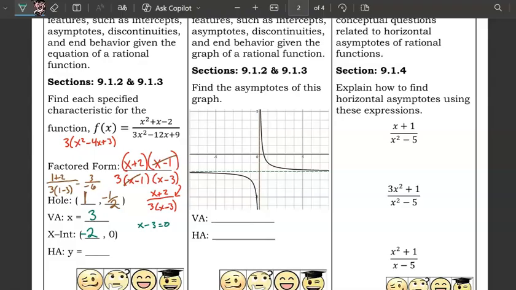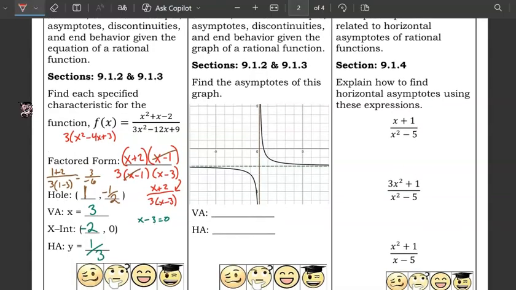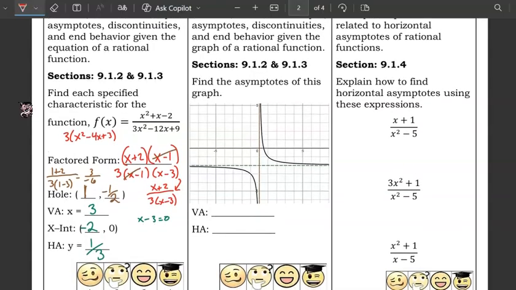And then for the horizontal asymptote, take the leading coefficients of each, the numerator and the denominator, to get 1/3. You want to find these in this order. First, you factor and simplify.